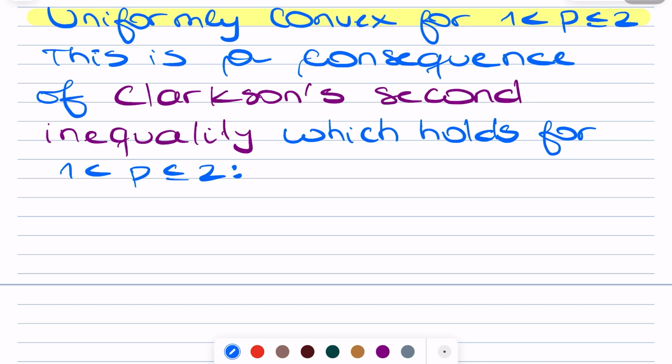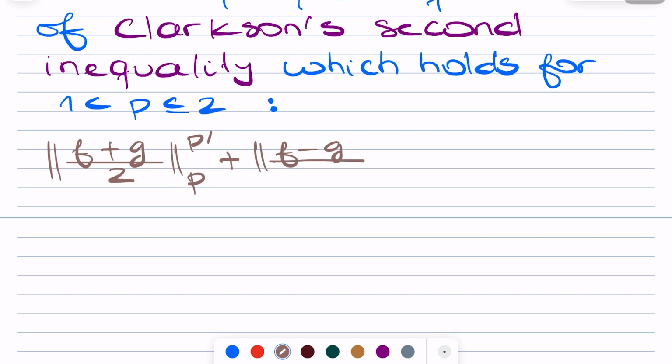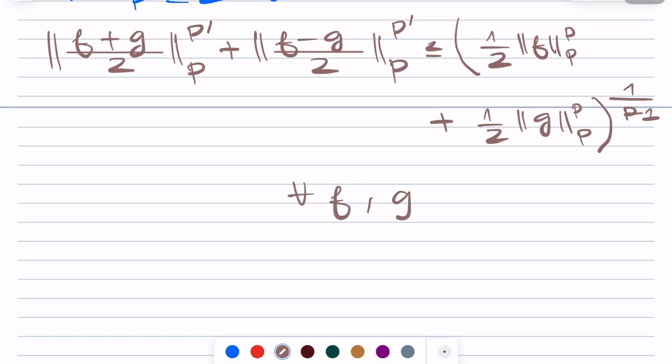So the statement is the following: the L^p norm of (f+g)/2, raised to the power p', plus the norm of (f-g)/2 raised to the power p', is less or equal than (1/2 of the norm of f to the power p plus 1/2 of the norm of g to the power p), everything raised to the power 1/(p-1), and this of course for every f and g in L^p.